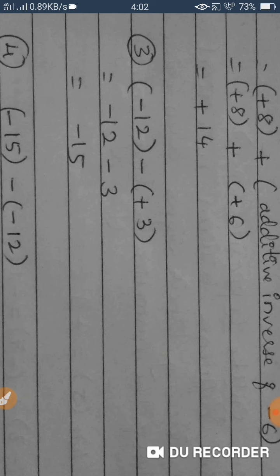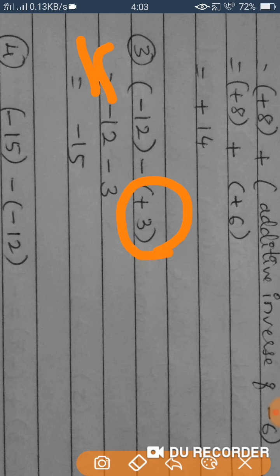Here I have not mentioned any additive inverse, because we can solve the subtraction directly. Just now I have written the rule there. We keep the first integer as it is and should not change anything, but we have to change the second integer, because there is a minus sign here.